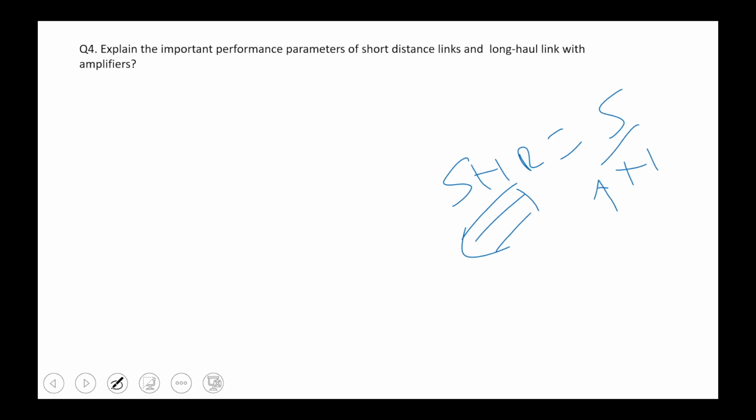So if my noise power is more than signal power, then what happens? Kalyani? Yes, sir. Can you repeat once again, sir? If my noise power is more than signal power, then what happens to the signal to noise ratio and to the signal?